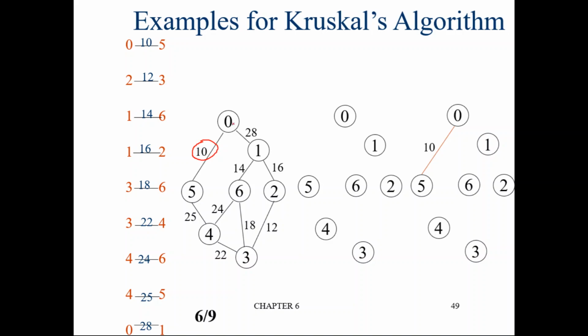For example, the cost of reaching from 0 to 1 is 28. From 1 to 2 is 16. From 1 to 6 is 14. From 6 to 4 is 24. From 5 to 4 is 25. From 4 to 3 is 22. Like that, and so on.